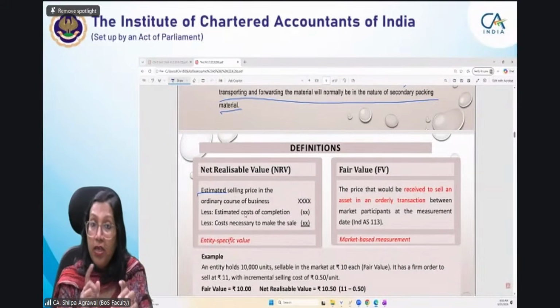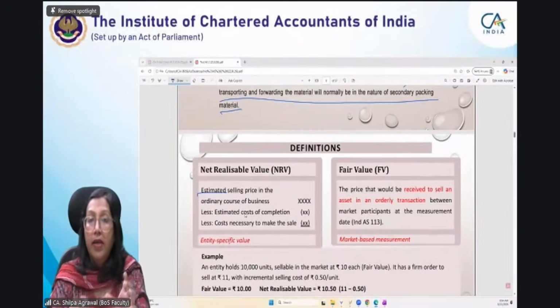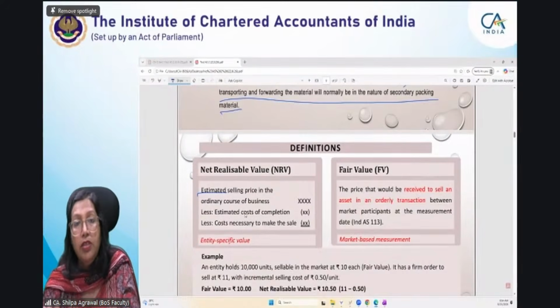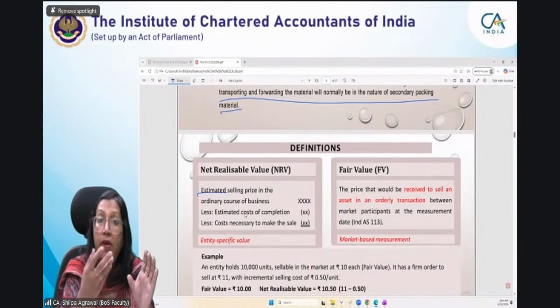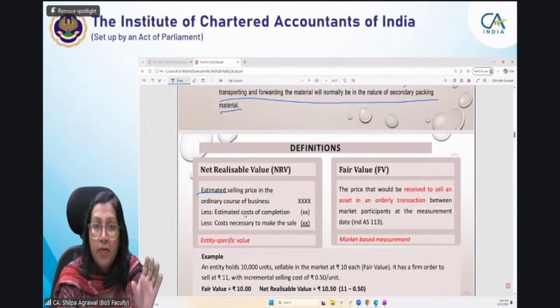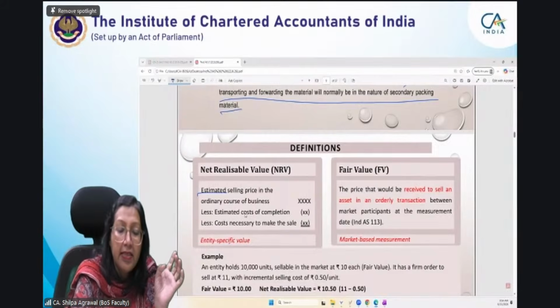So in both, any directly attributable cost which is necessary to make that particular inventory saleable will be deducted from the estimated selling price when you are determining the net realizable value. The cost necessary to make the sale is also an estimated cost.